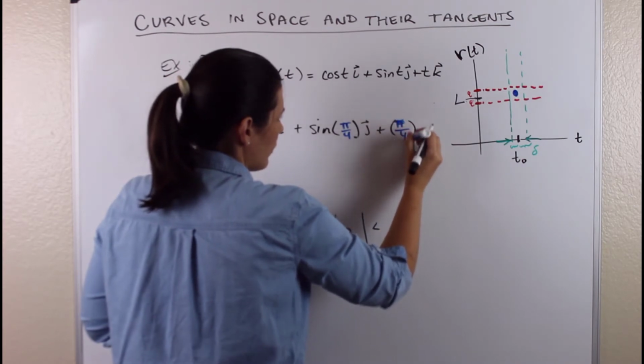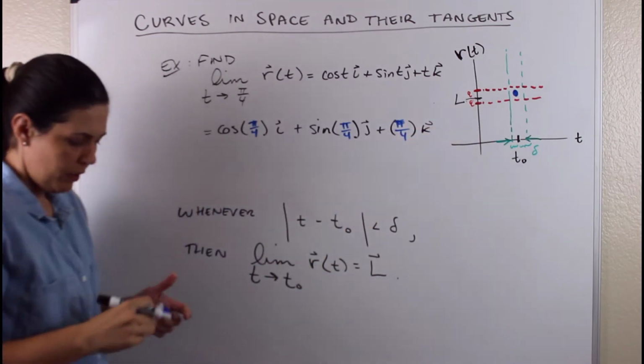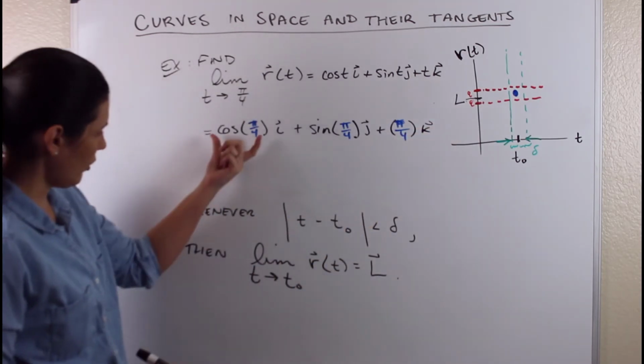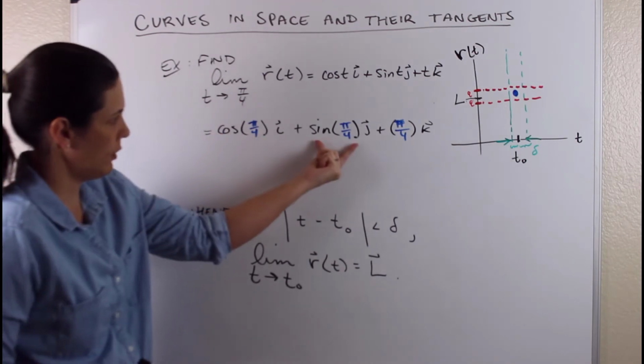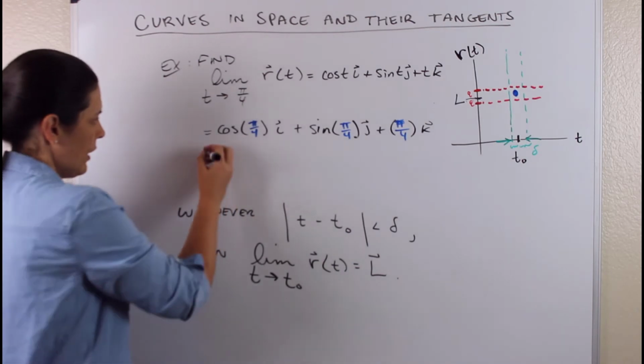Remember, the component functions are all scalar functions. So this part's a number, this part's a number, and this part's a number, but together they form the vector function. And these are all going to work.